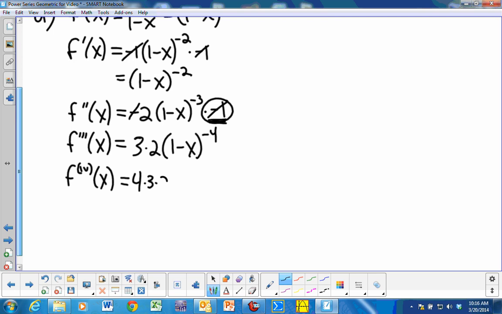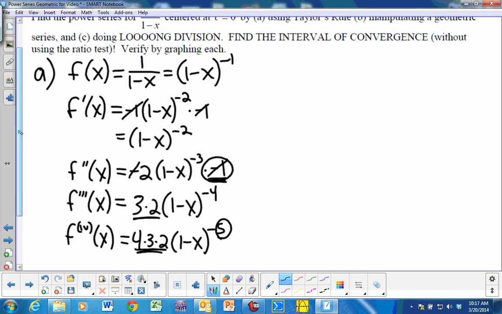So it's 4 times 3 times 2 times 1 minus x to the -5. Well, I can kind of see a pattern there. This first part is just going to be 1 less than this power. So this is a 5, and this is 4 factorial. So anyway, I can see the pattern there, so that can help me a little bit.